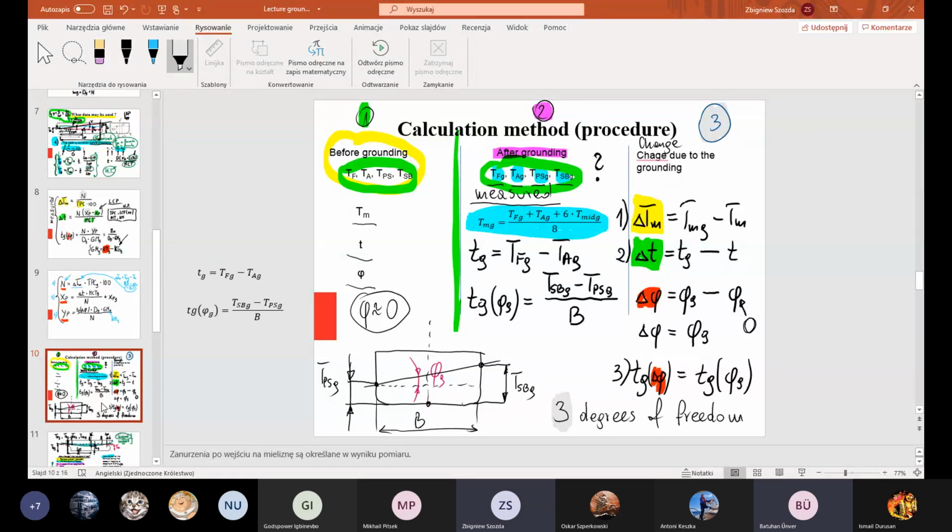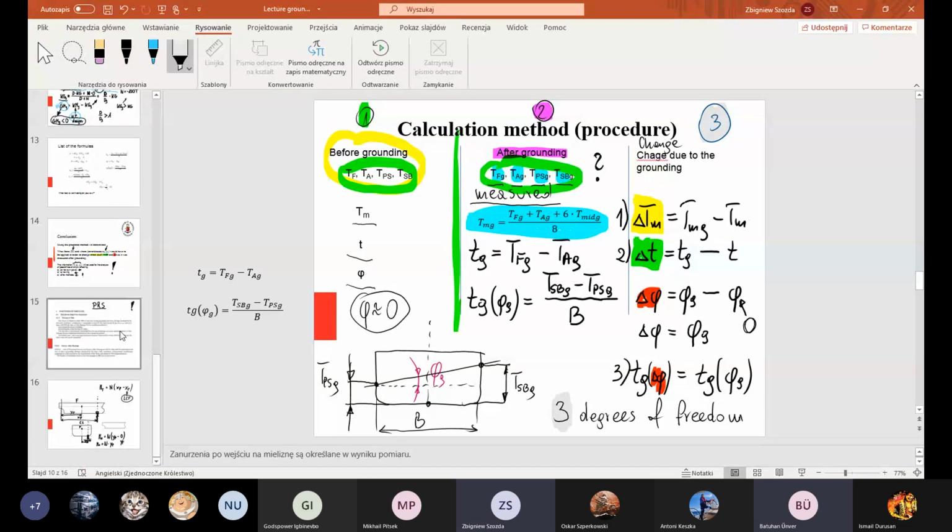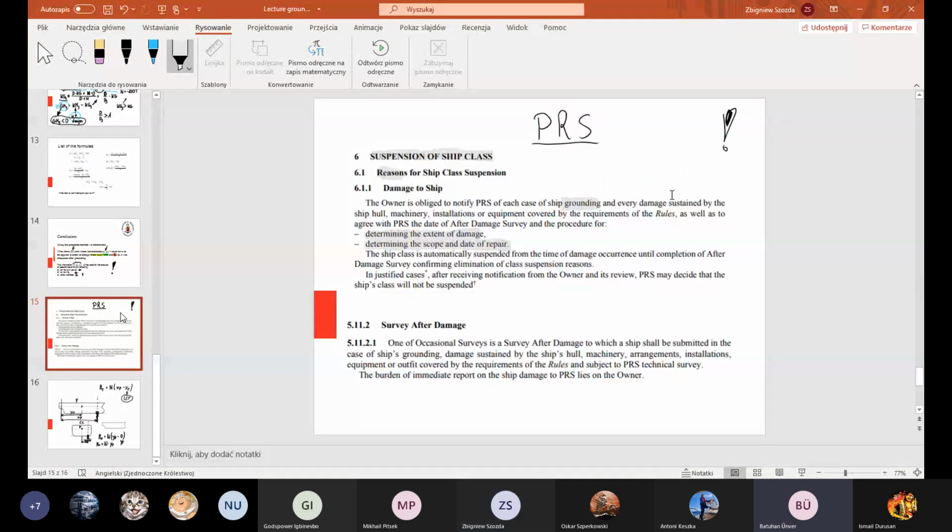So can you ask a question about losing classification after grounding? I remember that there are some ports where, because of the tide, the vessels run aground while loading or unloading from time to time. Yes, that's right. And in such cases, it is intentional, caused for example by tides.